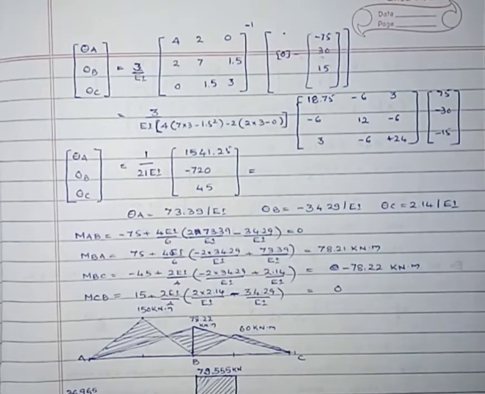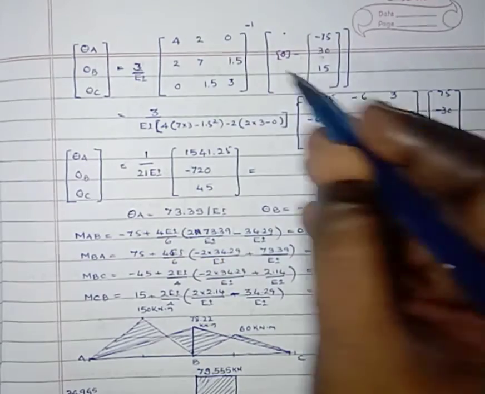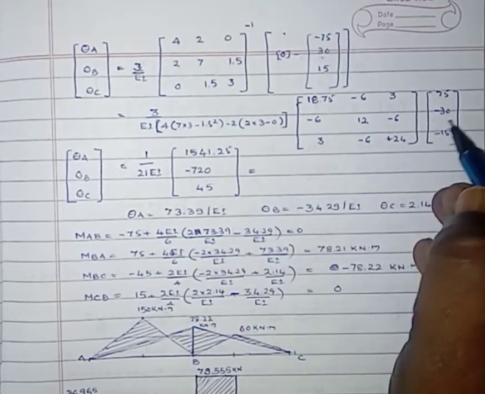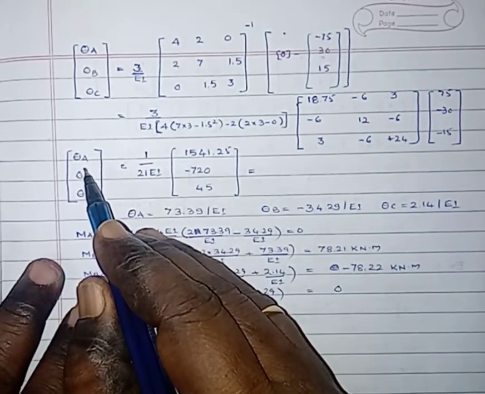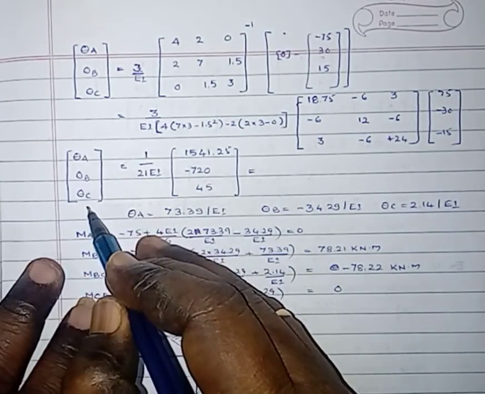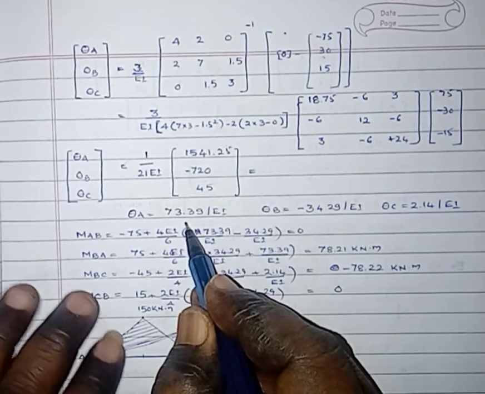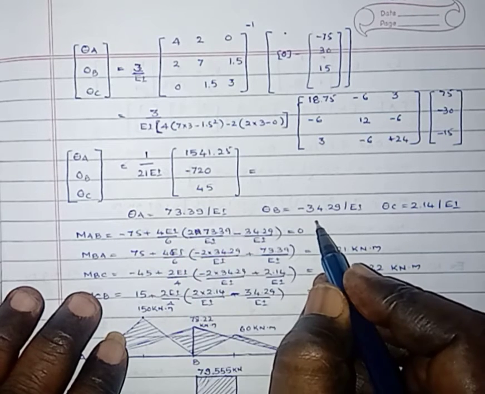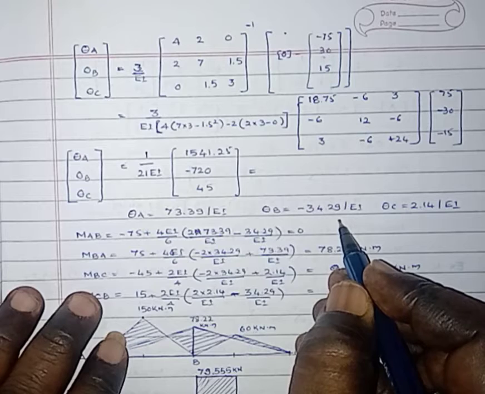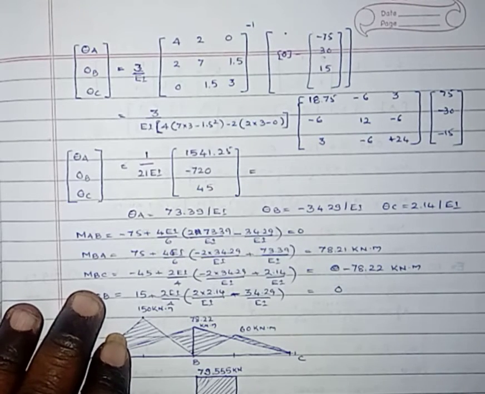Then after simplification by the inversion of the stiffness matrix, we will get the values of the unknowns, that is theta A equals 73.39 by EI, theta B equals minus 34.29 by EI, theta C equals 2.14 by EI.